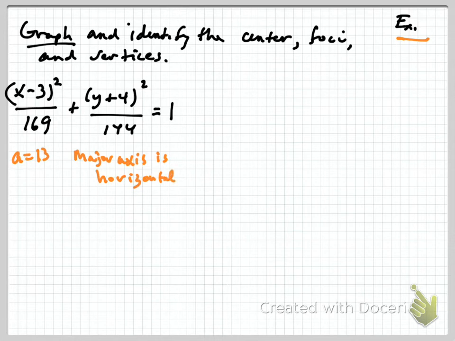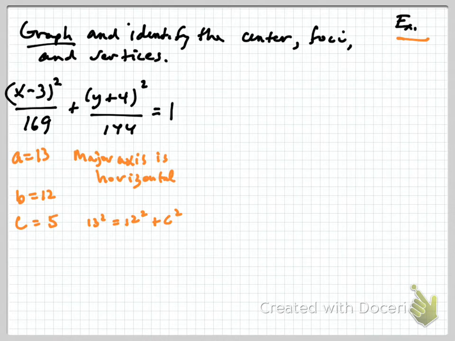If that 169 was underneath the y, that would be the major axis. All right, B is going to end up equal to 12. And C, when you use your Pythagorean theorem relationship, is going to be a 5, because 13 squared is equal to 12 squared plus C squared. You don't really need to do the Pythagorean theorem in that case, because it's a Pythagorean triple.